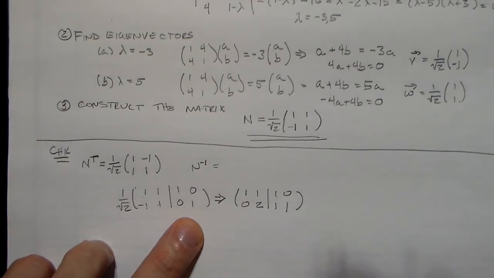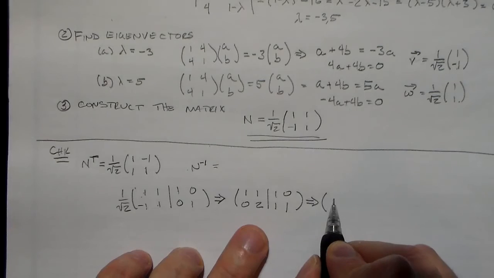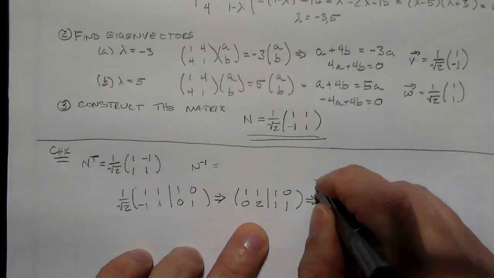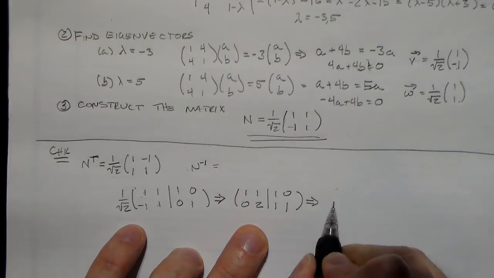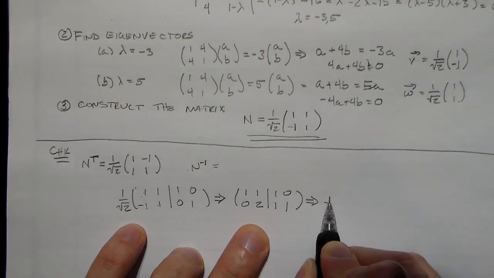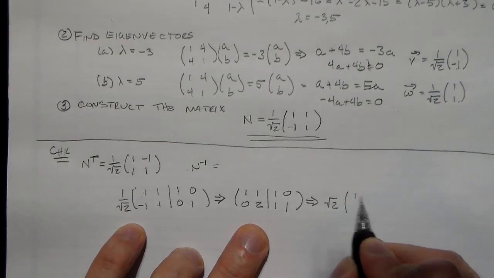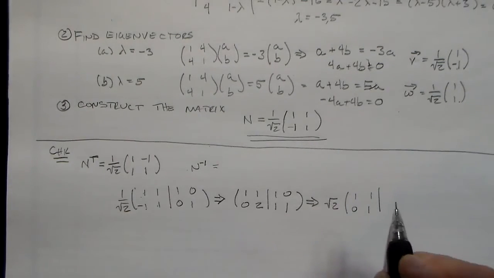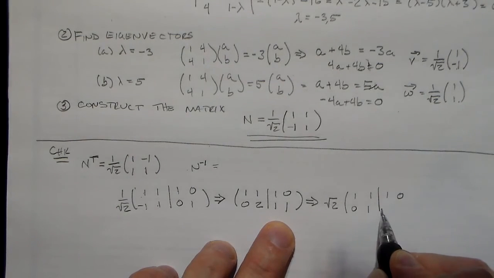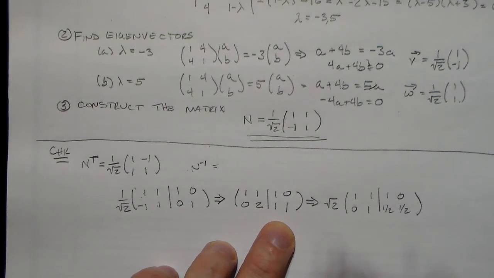Then I'll reduce that. All I care about is this 0, 2, so I can pull out the 2, and I have a square root of 2, and 1, 1, 0, 1, and 1, 0, 1 half, 1 half.